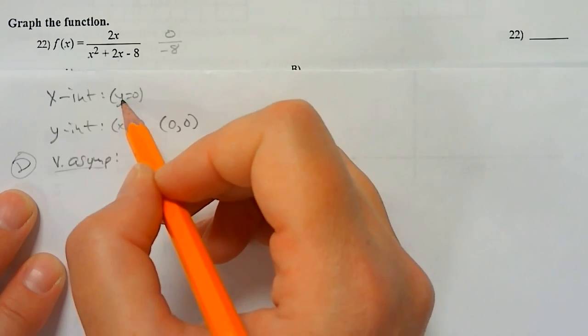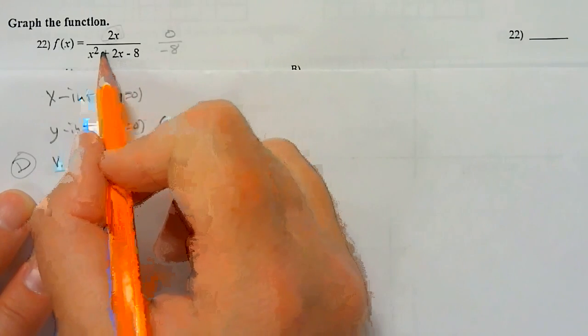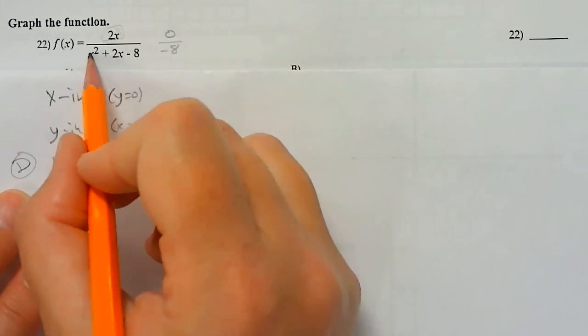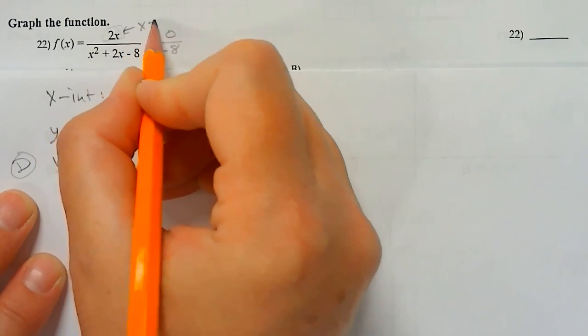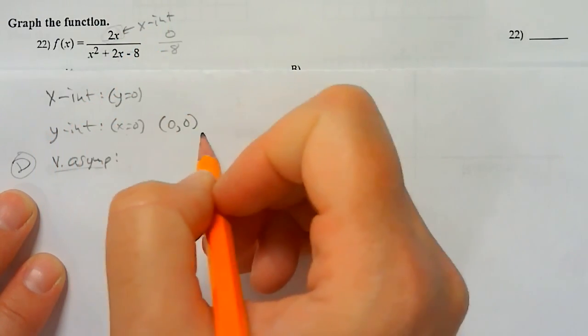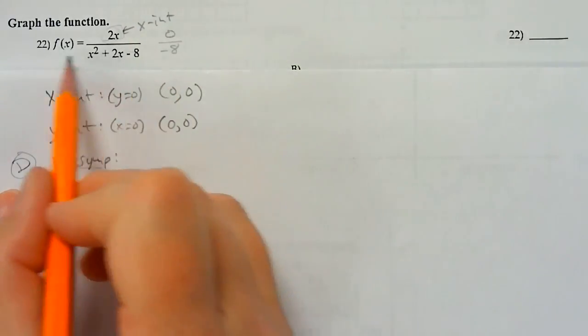But I need to set y equal to 0. That only happens in the numerator, because if I set it equal to 0, the denominator doesn't really matter. So this is where I find my x-intercepts, and it turned out to be also my y-intercept. So 0, 0.